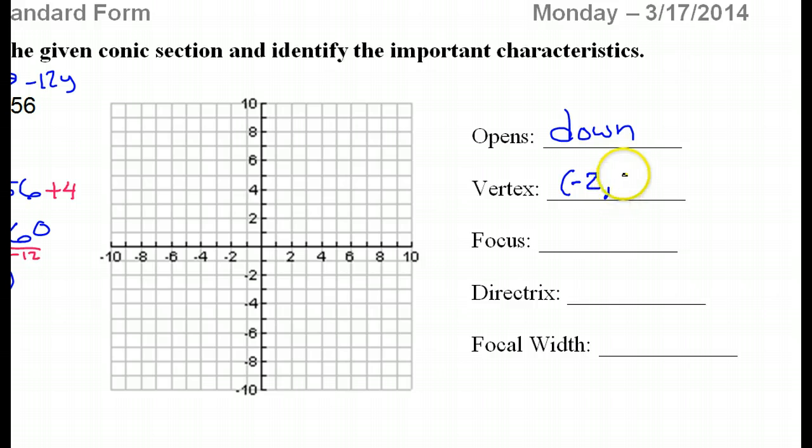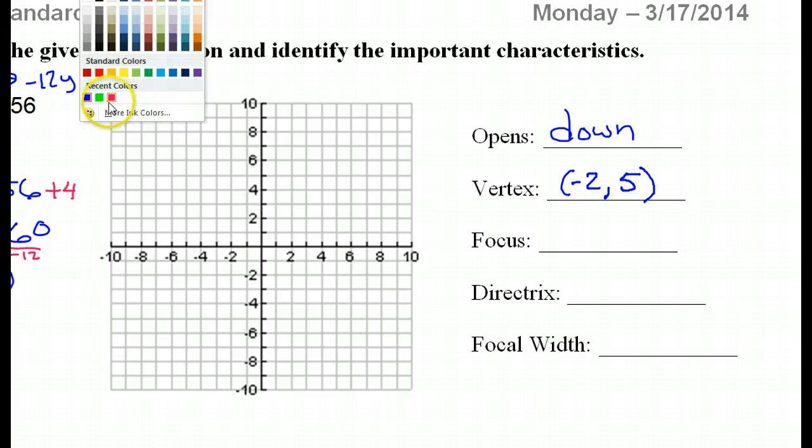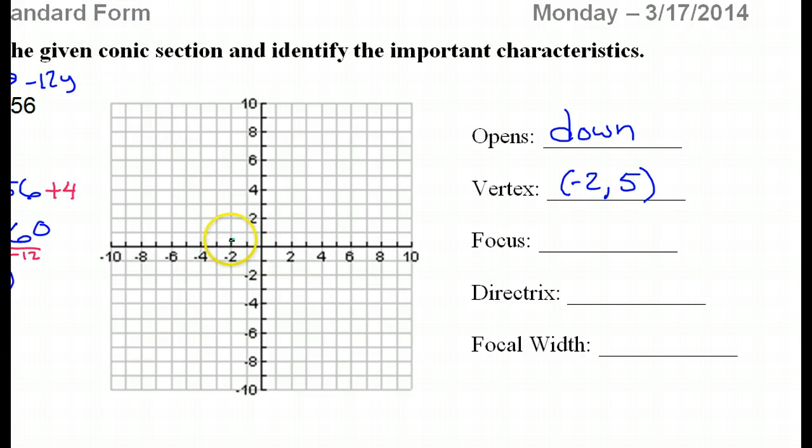So negative 2 comma 5. Let's go ahead and graph that. Okay, so negative 2 comma 5 is going to be right here. Okay, so that is my vertex, guys.